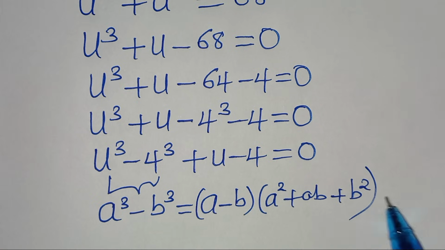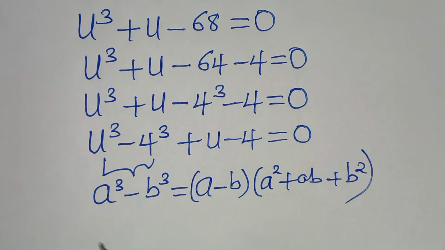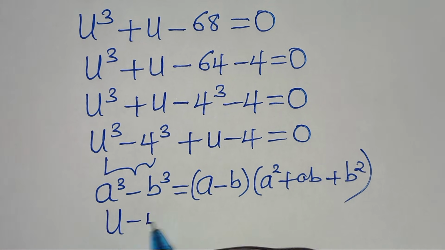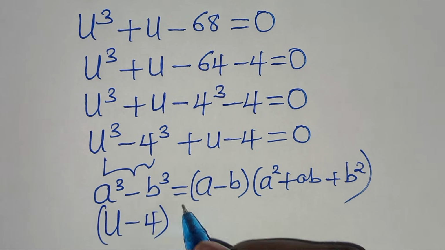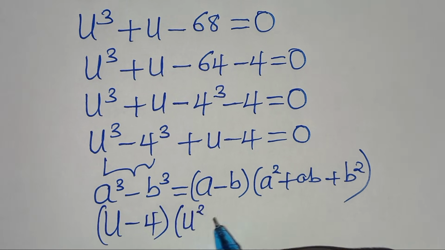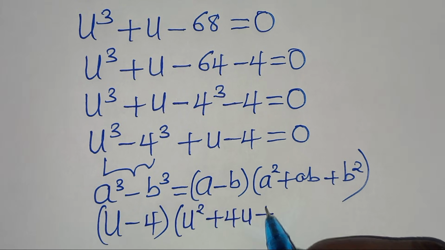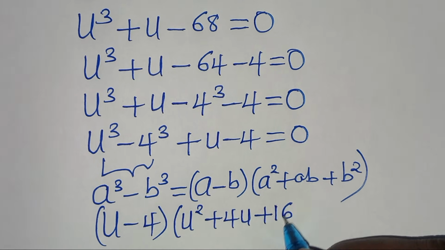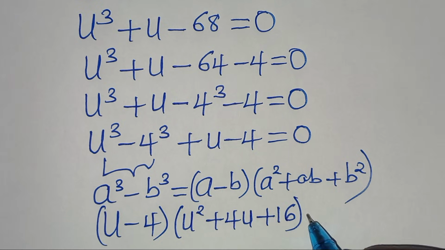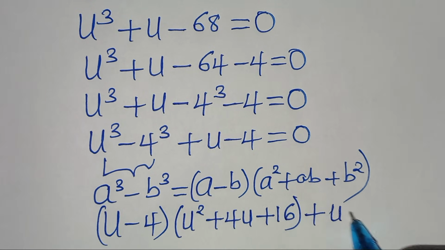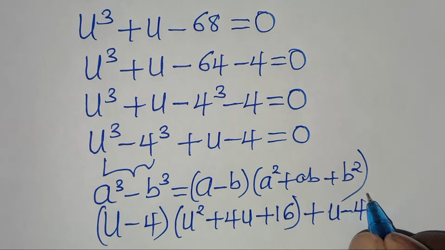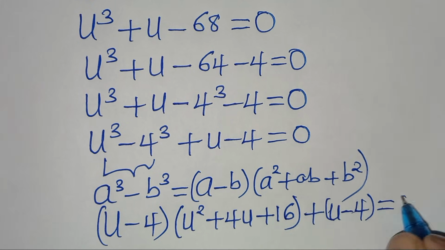Applying this identity, we have u minus 4, times u to the power of 2 plus 4u, then plus 4 squared, which is equal to 16, then plus u subtract 4. This is equal to 0.